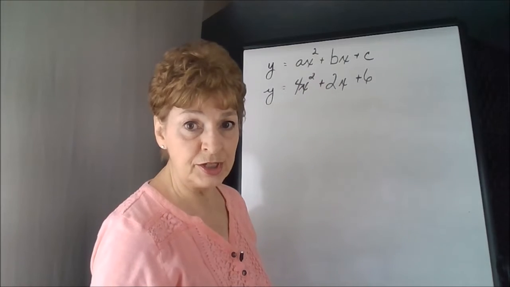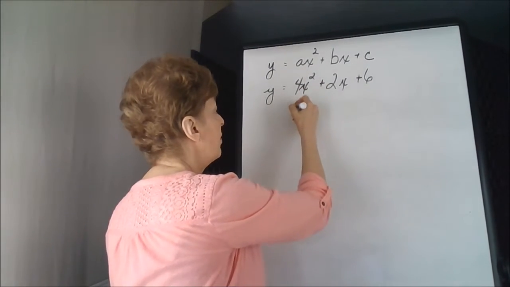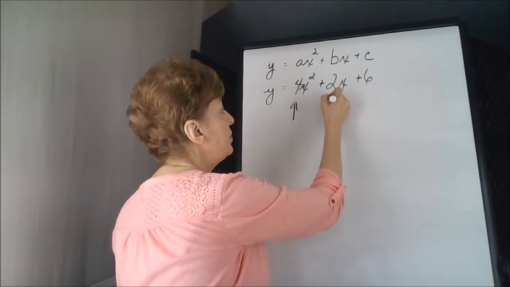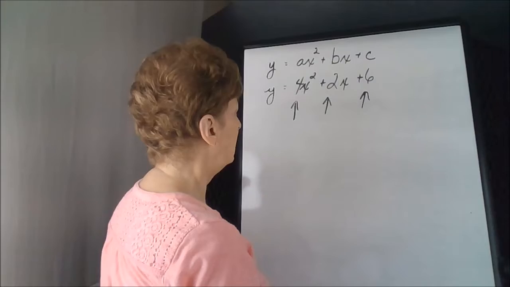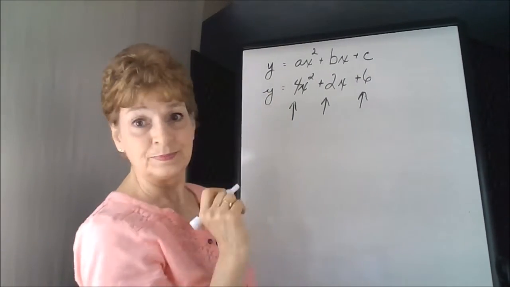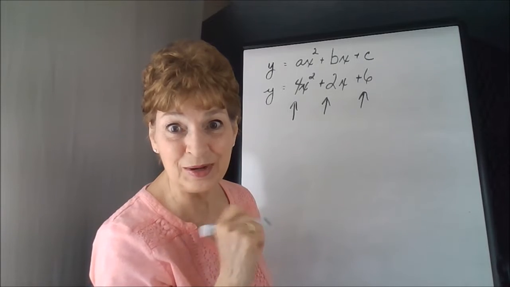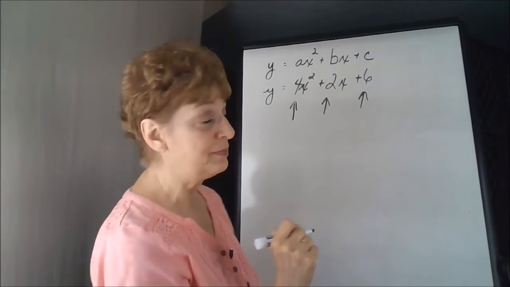At this point, I'd like to do a short analysis on what the 3 positions of the coefficients do to the actual graph. Remember, this is a parabola. The very first position, and this is noteworthy, you might want to put this in your notes, so you can refer to this when you need to.